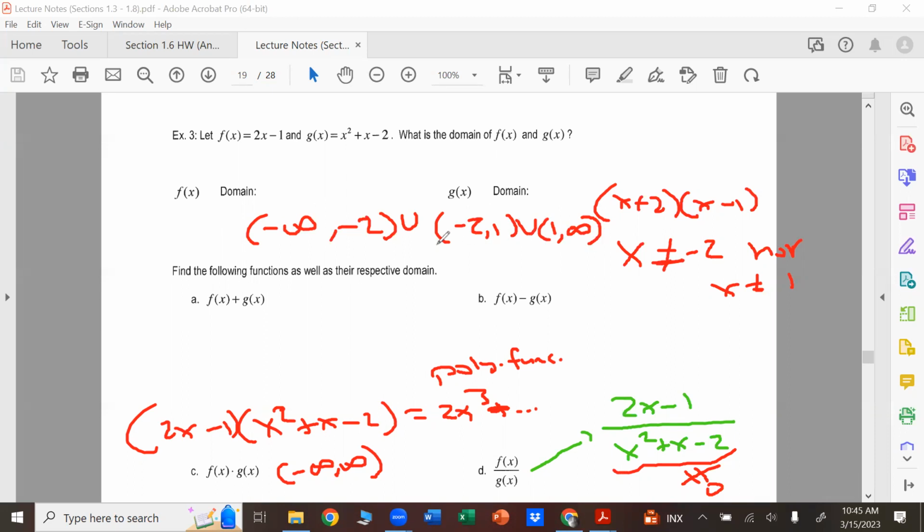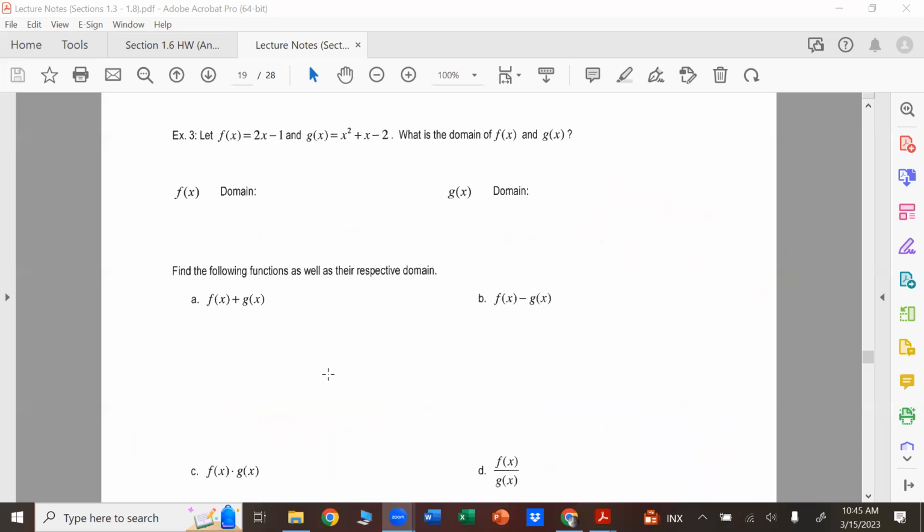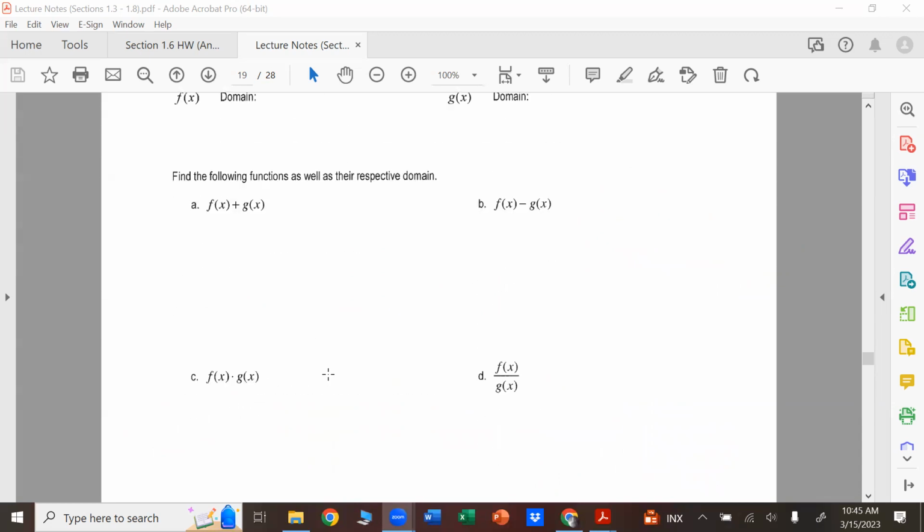So that combination did have a restriction, even though individually f of x and g of x were all real. But when you divided, there became a restriction because you had a denominator with x in it. So sometimes the combination of functions, even though individually they could be a certain domain, the combination could be different for the domain because of having something in the bottom of a fraction.